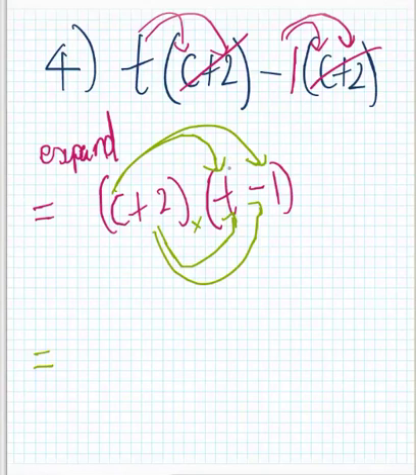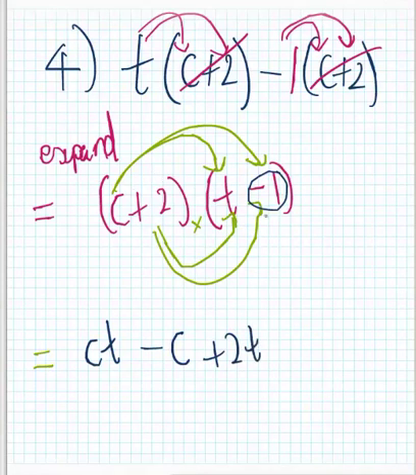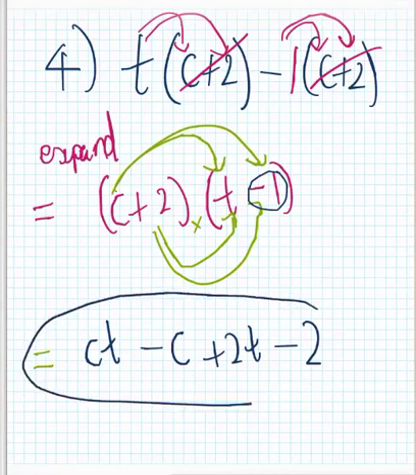So c times t is just ct. C times a negative 1 is negative c. Positive 2 times t is positive 2t. Positive 2 times minus 1 is minus 2. Simplify what you can. It looks like I can't simplify anything, so that would be my answer.